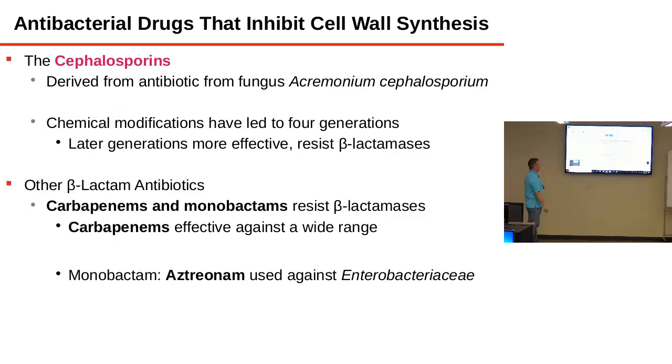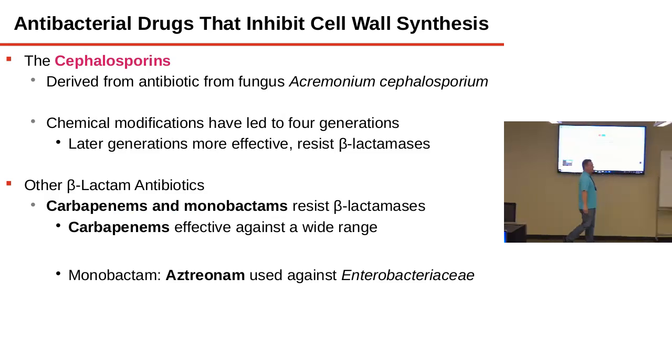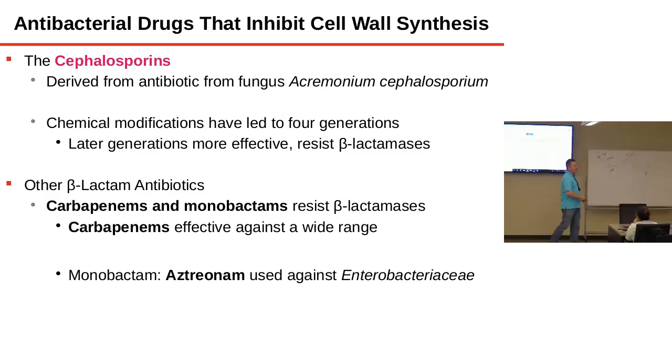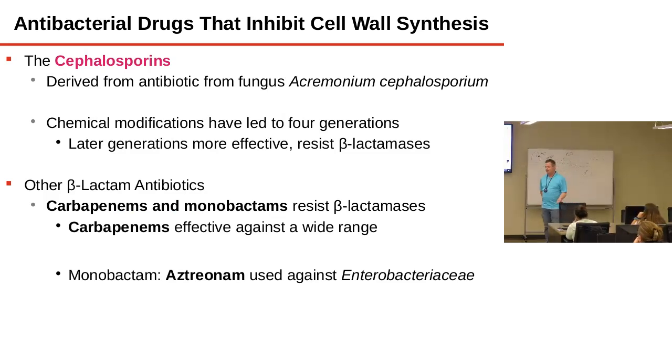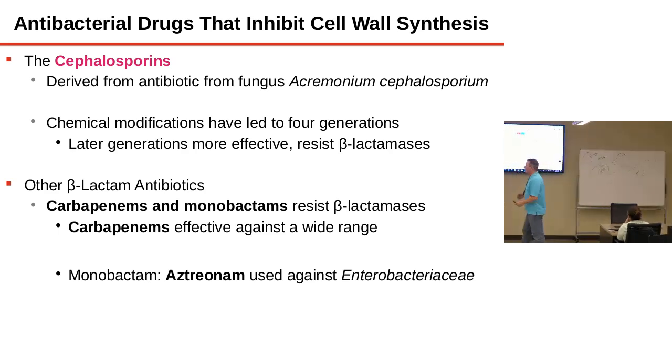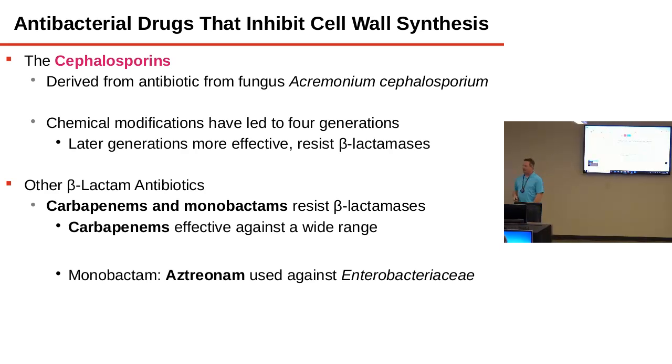All right, so then switching gears away from the penicillins, but also focusing on the cell wall synthesis, we got the cephalosporins. So there might be a couple drugs here that you recognize. These come from a different fungus. So the first fungus was a penicillin fungus, right? This one is a different fungus called Acremonium cephalosporium. And this one is going to have slightly different effects.